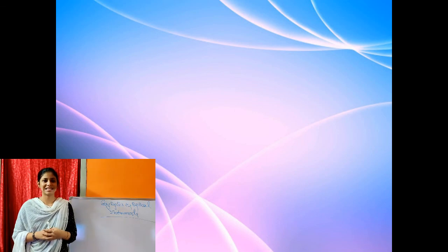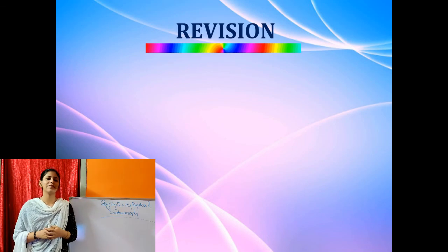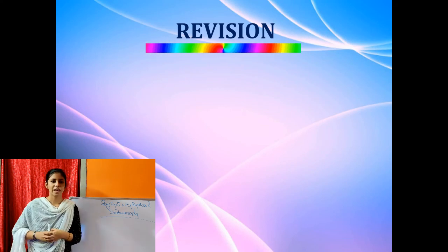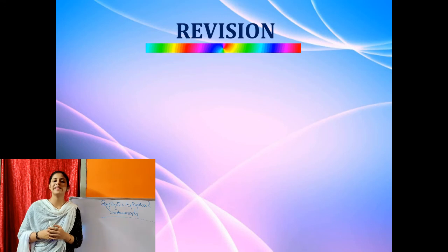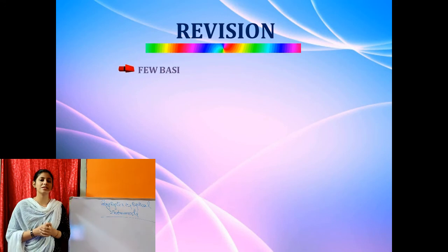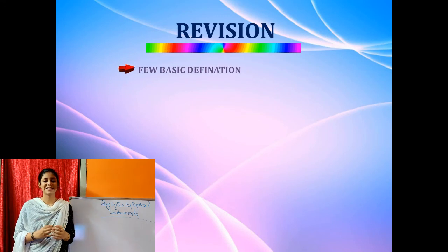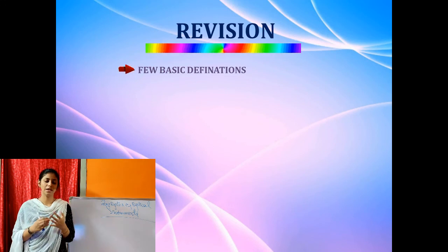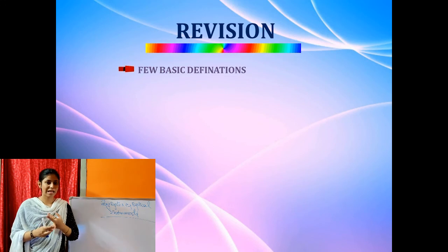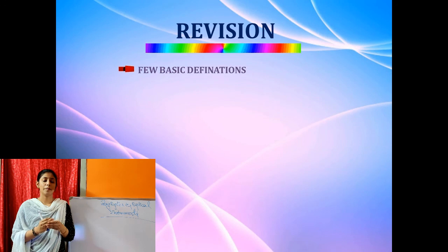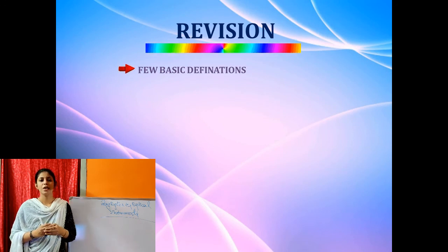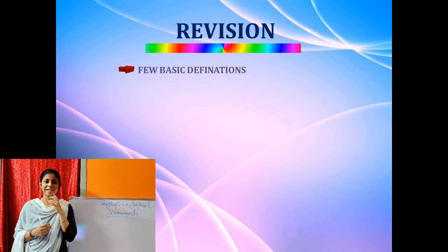Okay, let's revise the things which we have discussed today. We have discussed refraction through a spherical surface. Under that, we have discussed a few basic definitions like pole, principal axis, radius of curvature, center of curvature, and aperture.